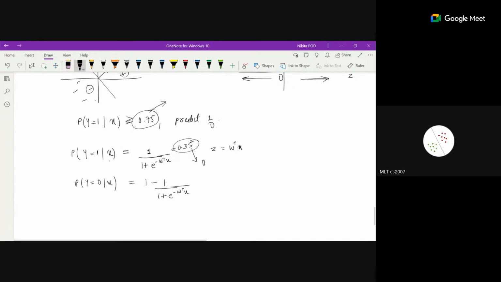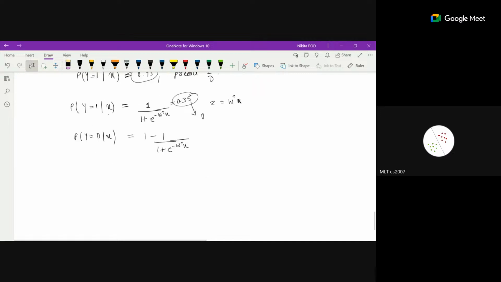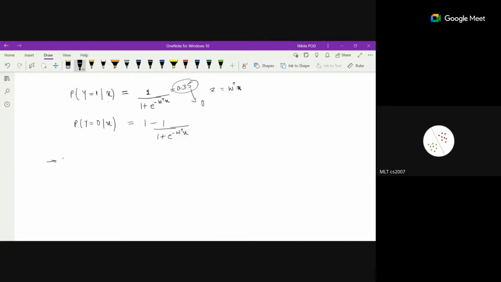Okay. So now the question is that we have all these possible W's. So now we need to find the perfect W. Suppose you have a data set, whatever data set you have, let's say x1, y1, x2, y2, and so on till xn, yn. Now you need to find a W that has the highest probability of generating this set.